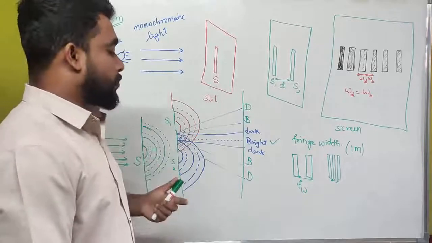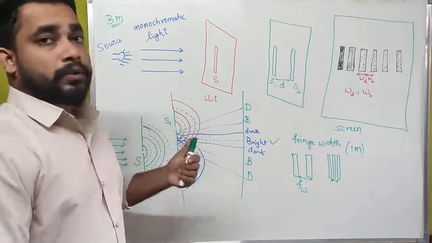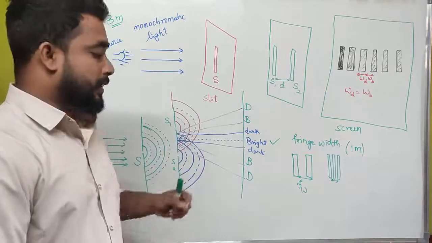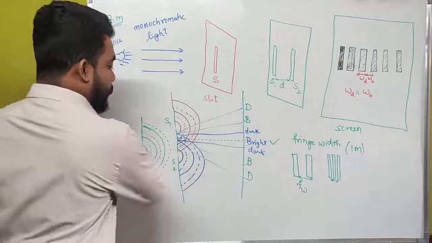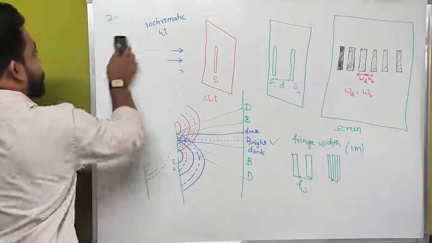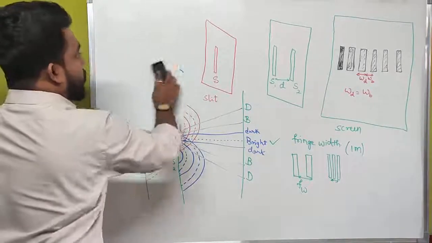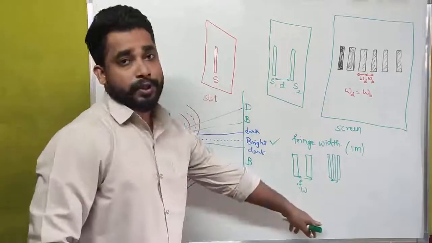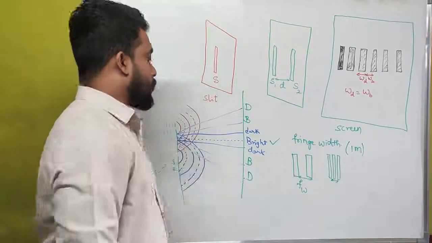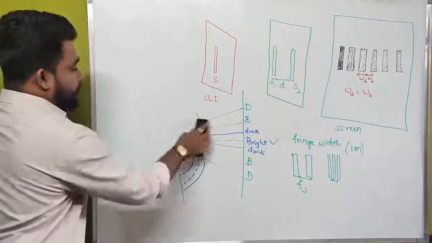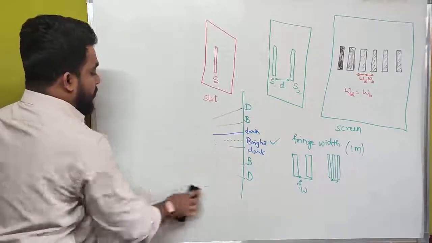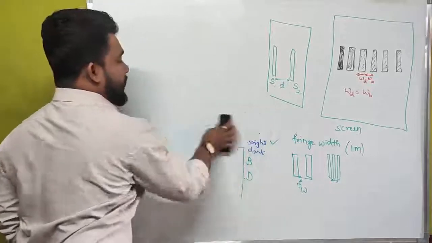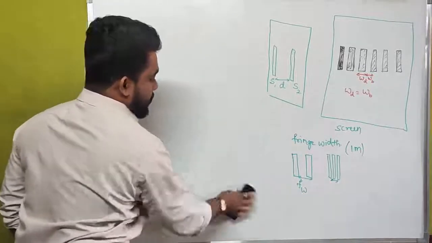There is another important derivation in this chapter: obtain an expression for interference fringes. Here we have to obtain an expression for fringe width using Young's double slit experiment.